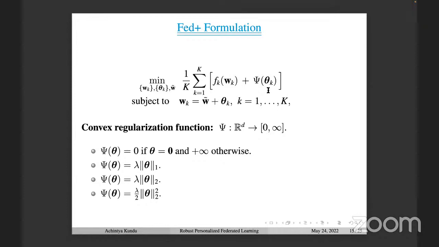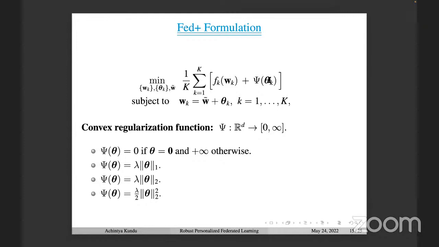To incorporate that, we say that this personalized model is a combination of 2 parts: the global model, and then a personalized part theta k. This theta k is regularized. There is no regularization on the W tilde, but theta k is heavily regularized, so that you don't deviate too much from the global model.